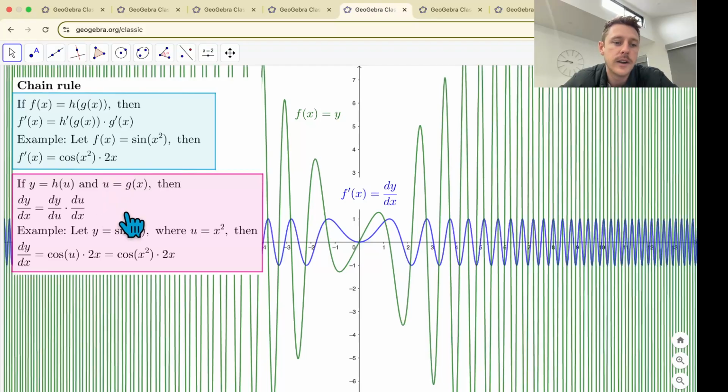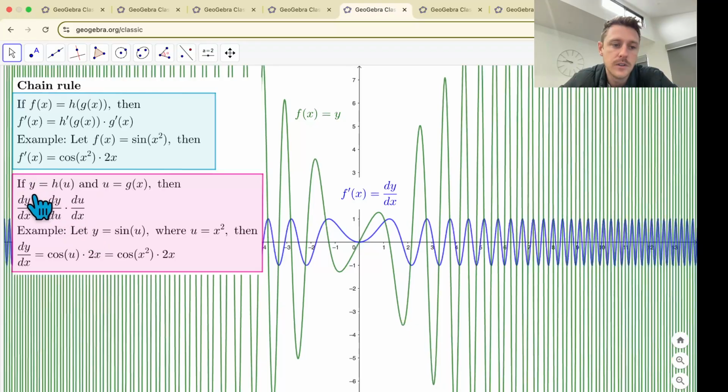I think this is where Leibniz notation comes into its own a little bit, because you define the inner function as u. So if you've got some function, y equals h of u, and u equals g of x, so the inner function is g of x, then dy dx is the derivative of y with respect to u, multiplied by the derivative of u with respect to x.